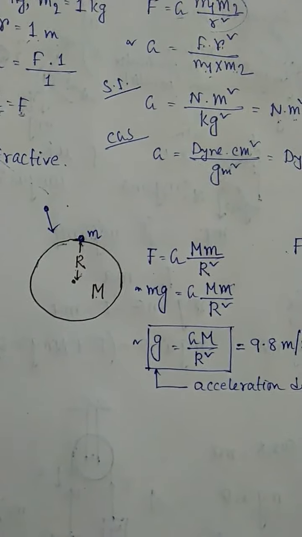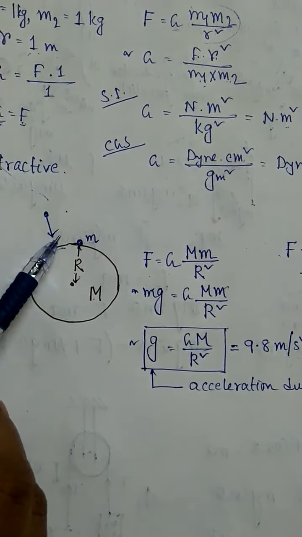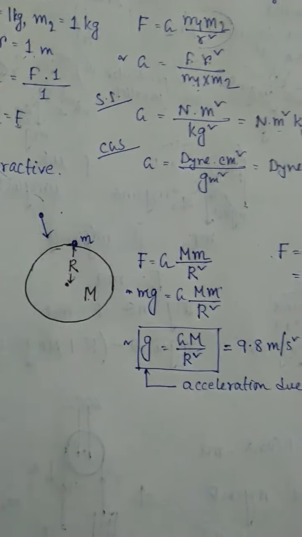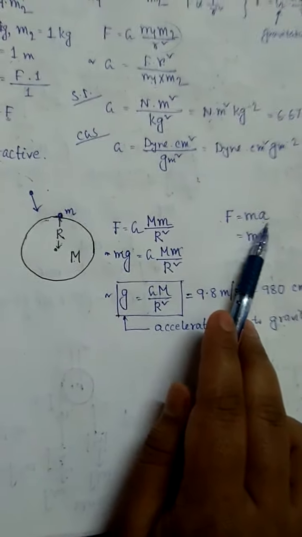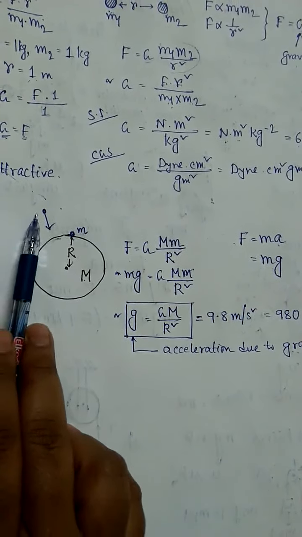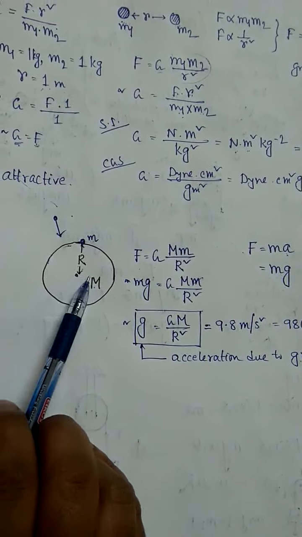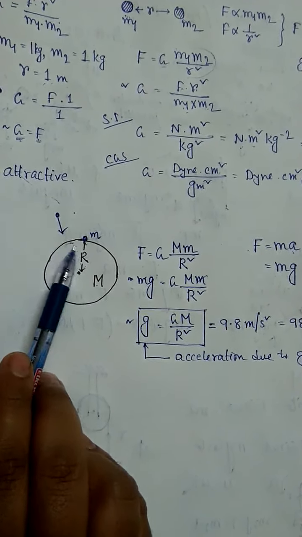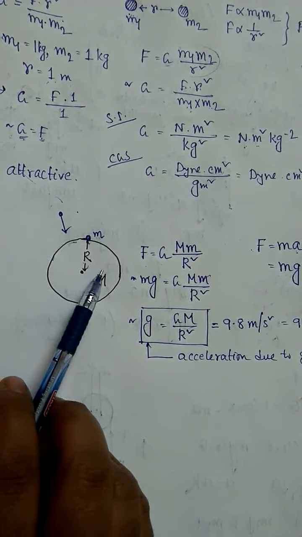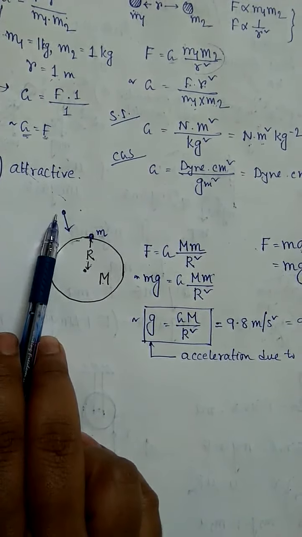The rate at which the velocity of a free falling body increases is called the acceleration due to gravity, because we know acceleration is the rate of increase of velocity. In this case the object is falling towards the center of the Earth, but it may stop here on the surface of the Earth, but its speed is increasing due to the force by which Earth is pulling this object.